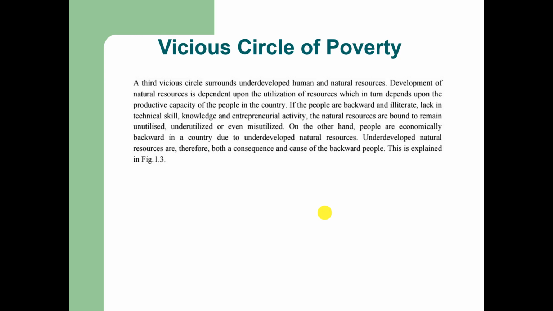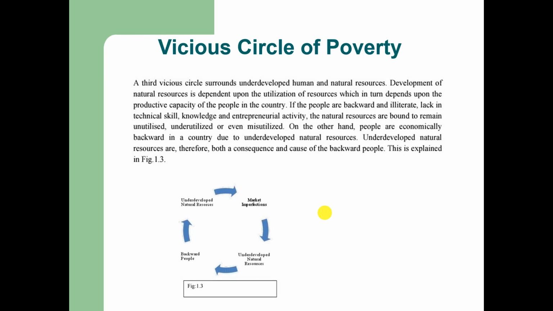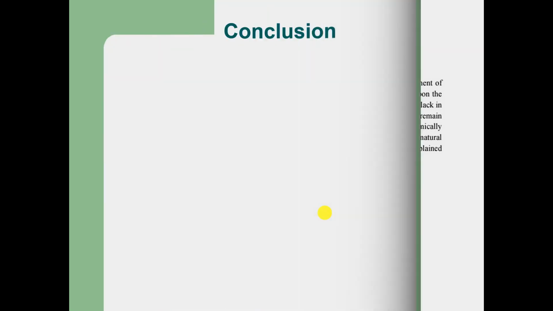On the other hand, people are economically backward in a country due to underdeveloped natural resources. Underdeveloped natural resources are therefore both a consequence and cause of the backward people, and this is explained in the following figure. So this is another vicious circle of poverty which exists in less developed countries.